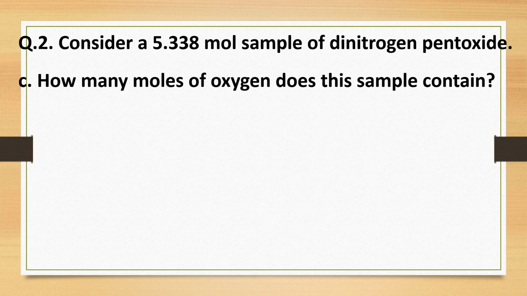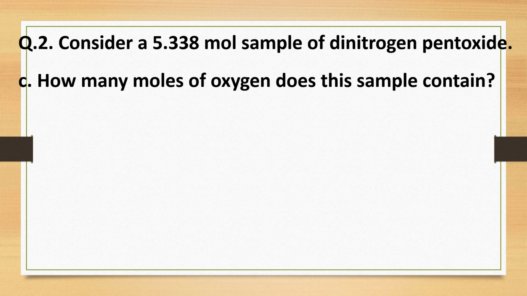Once we're given the mole number of the entire molecule, we can also find the mole number of a particular component of this molecule. For example, in this question, we're given the same 5.338 moles of the sample of dinitrogen pentoxide, but we want to know how many moles of just oxygen are in this particular sample.